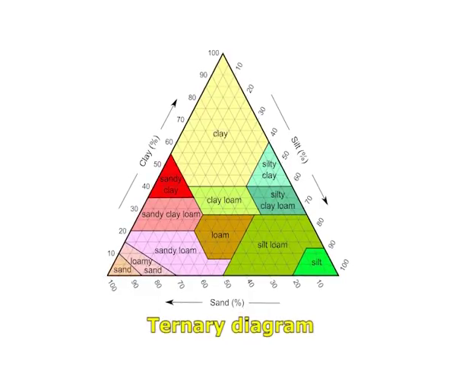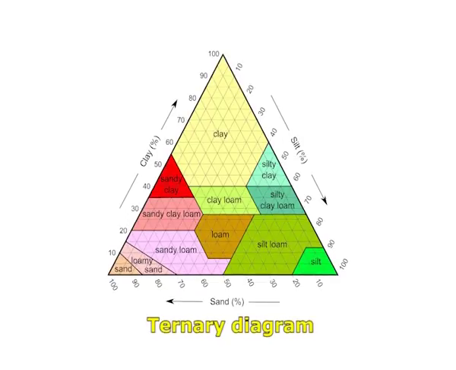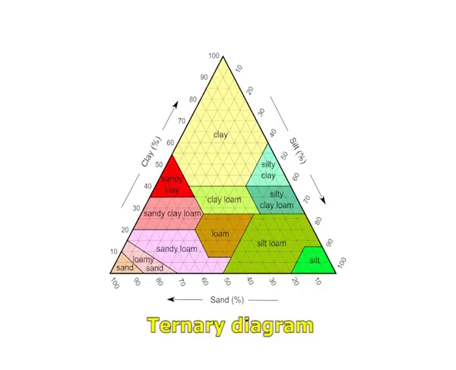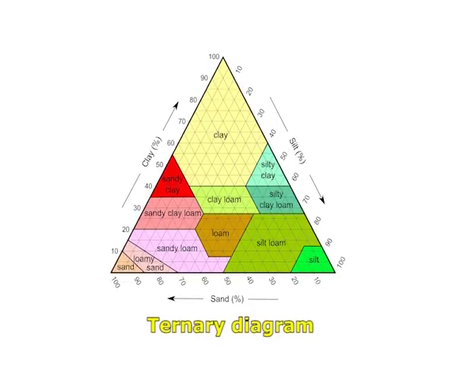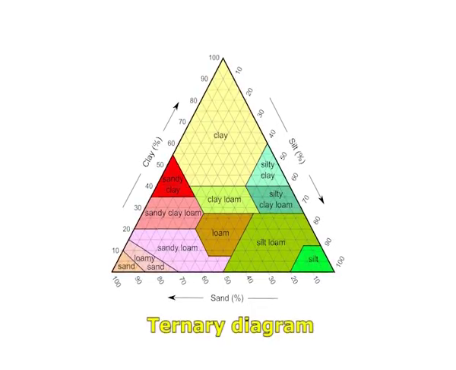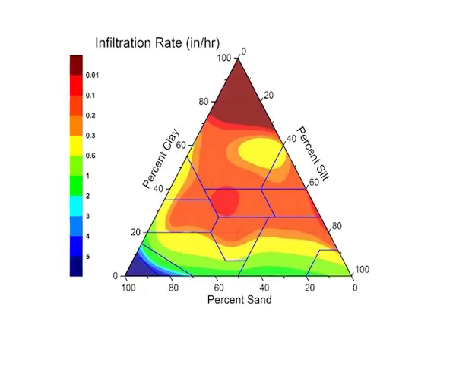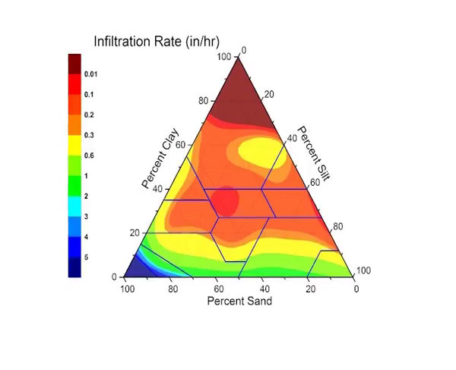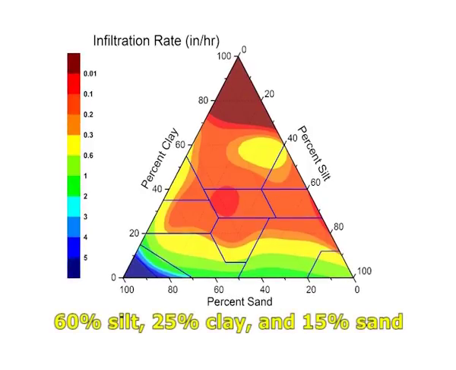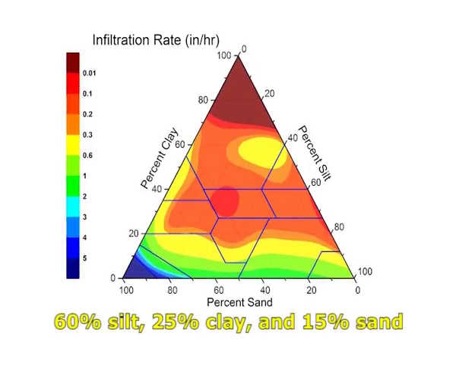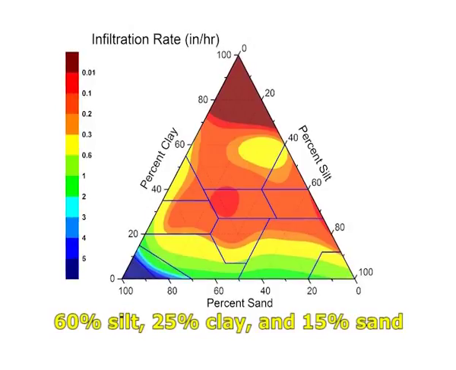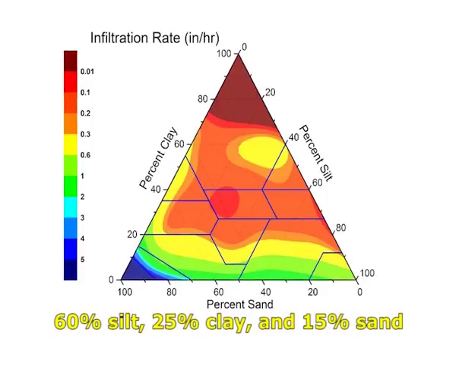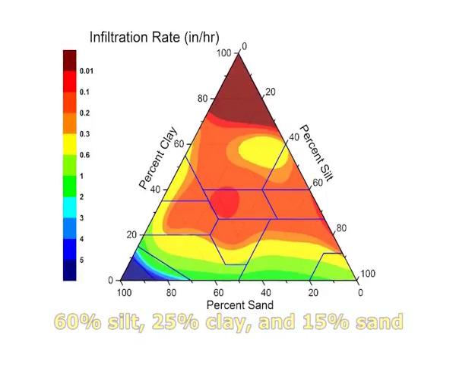If we know the percent sand, clay and silt, we will be able to determine exactly what kind of soil we have. In addition, if we want to make silty clay loam, we would know that we need 60% silt, 25% clay and 15% sand. All three percentages add up to 100%.